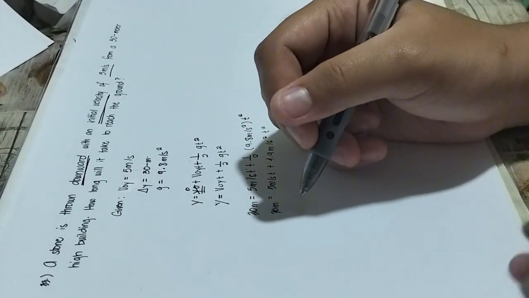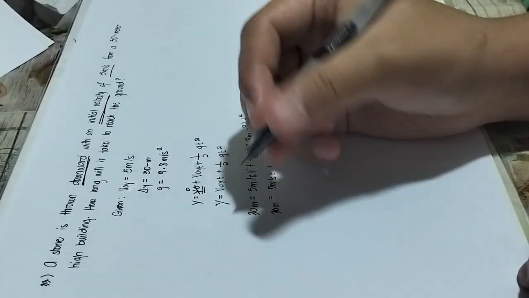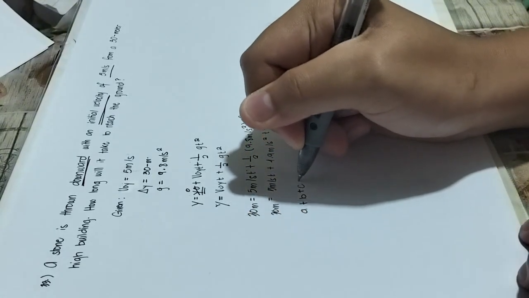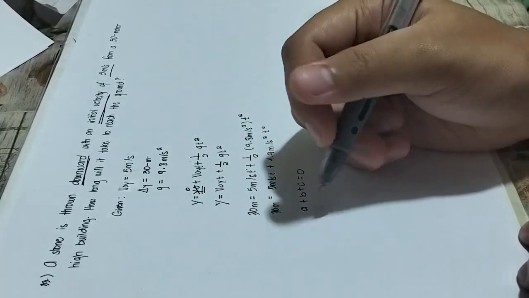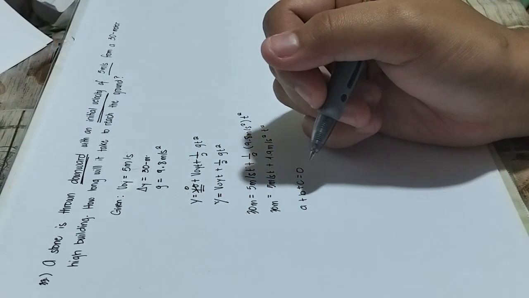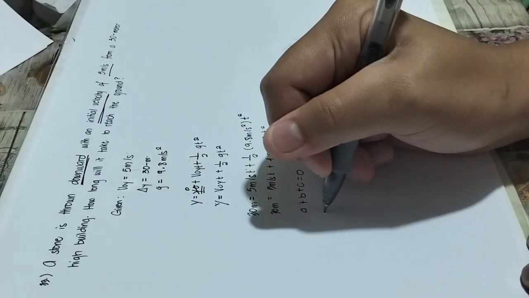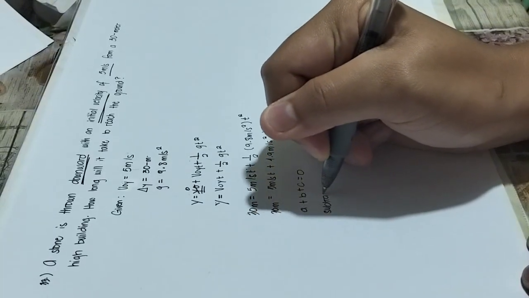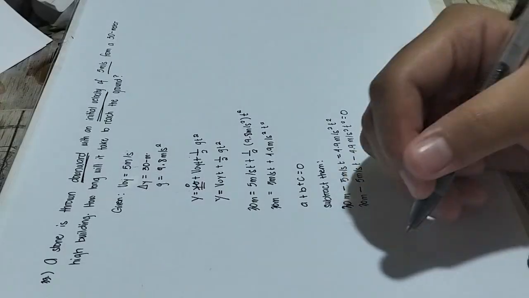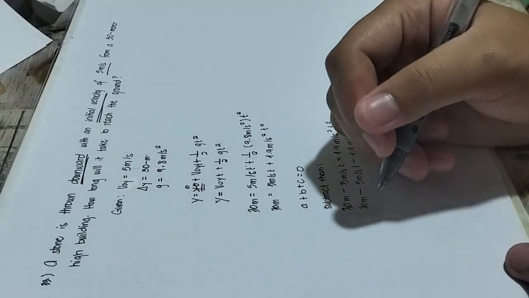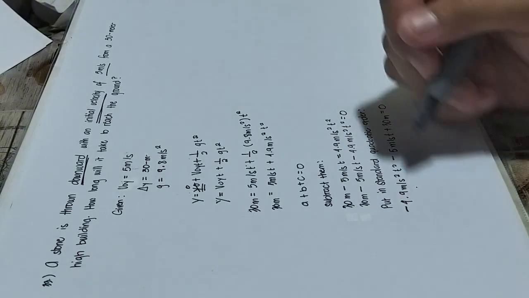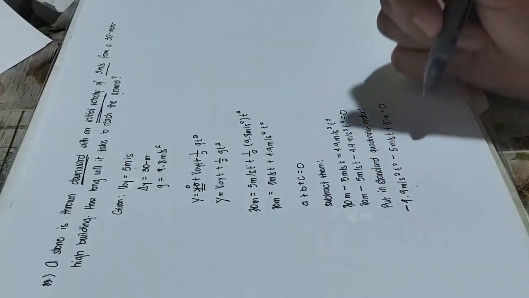Secondly, we are going to arrange it into quadratic form, which is a t squared plus b t plus c equals 0. But how are we going to arrange it into quadratic form? So first, we will subtract them. After the subtraction, put them in a standard quadratic order. And then, we will multiply them by -1.